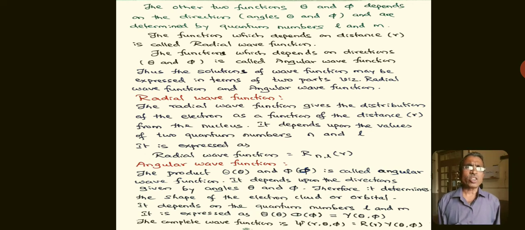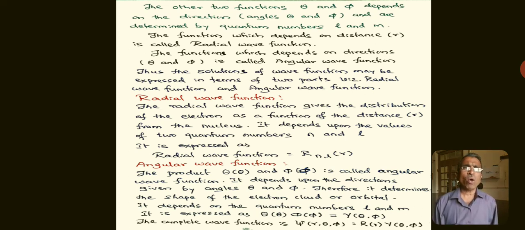The other two functions theta and phi depend on the direction, that is the angles theta and phi, and are determined by the quantum numbers l and m. The function which depends on distance r is called the radial wave function. The function which depends on directions theta and phi is called the angular wave function.